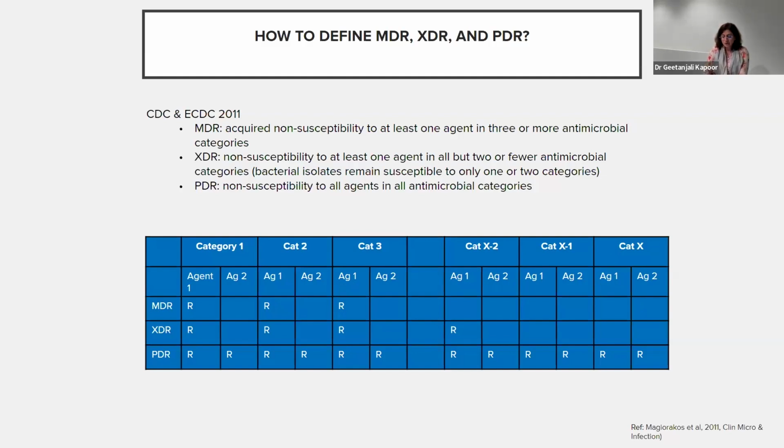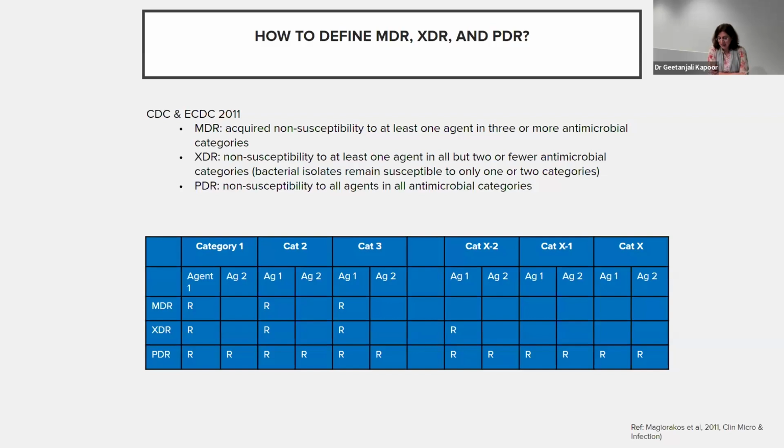Now, when do you say that a bug or a bacteria is MDR? As per the guidance which has been provided, MDR is when the bug is non-susceptible. That basically means resistant, or intermediate for resistance. For the sake of this conversation, we use non-susceptibility similar to resistance.